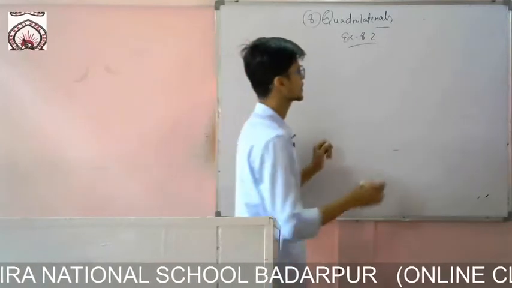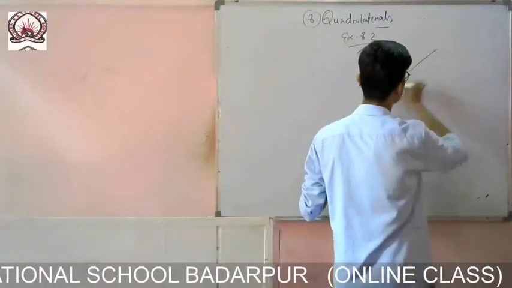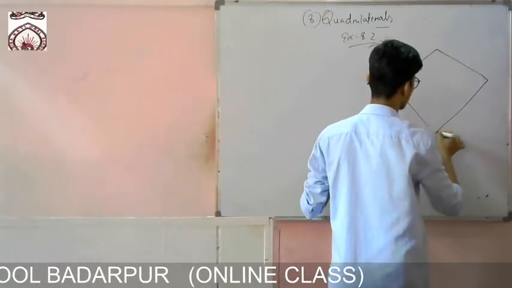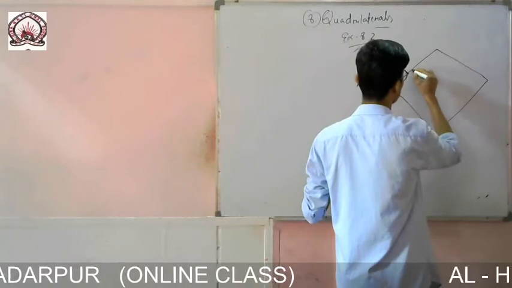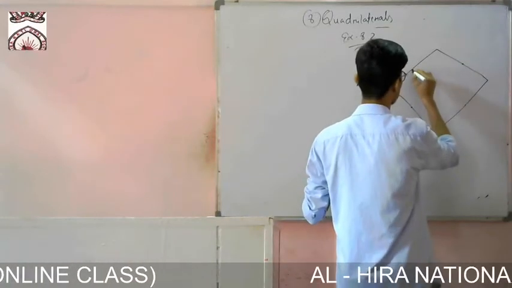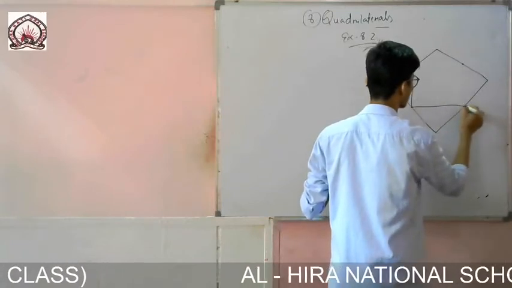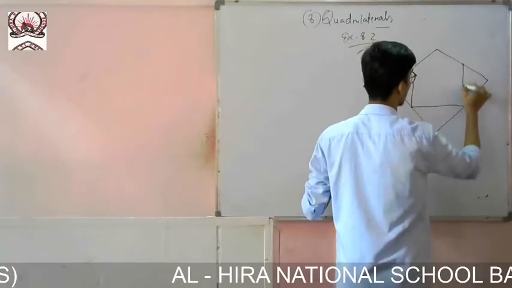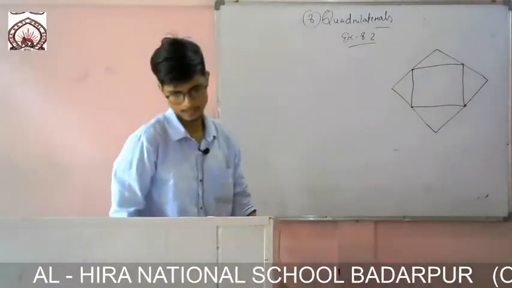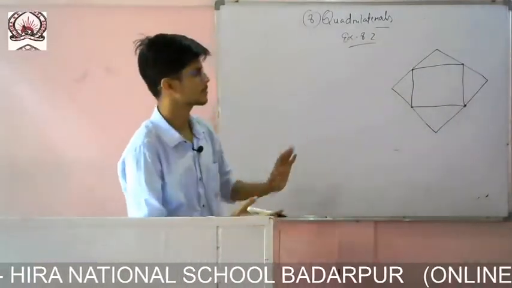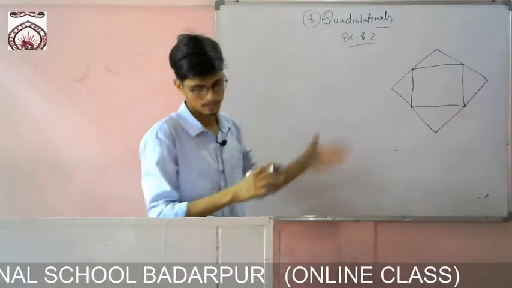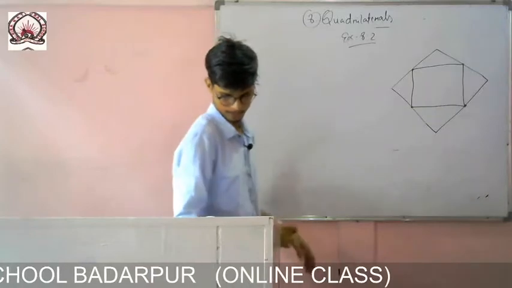I am drawing the figure this way so that you can see the middle one is a rectangle, and it will be easy to solve. If you want, you can draw it differently, but this way it looks like a rectangle and gives some positive vibes.